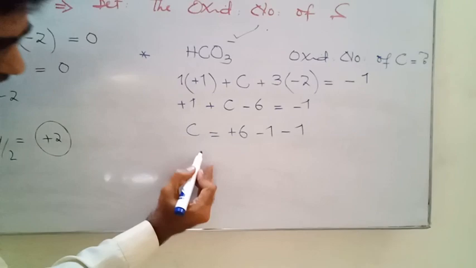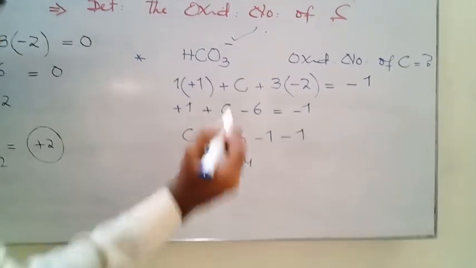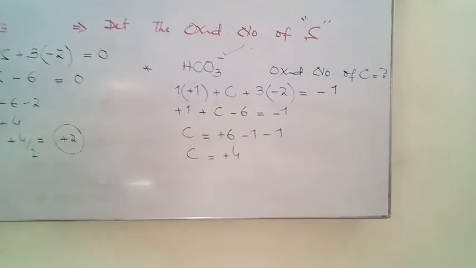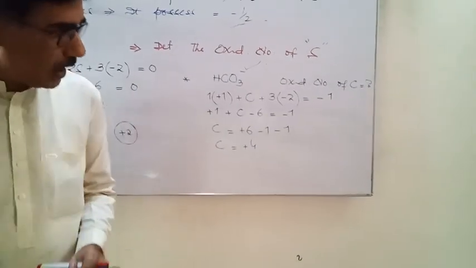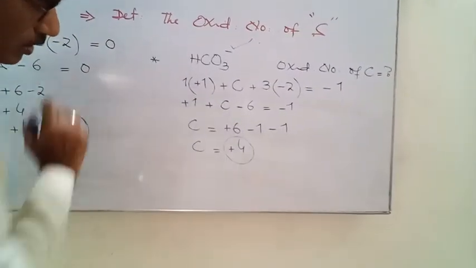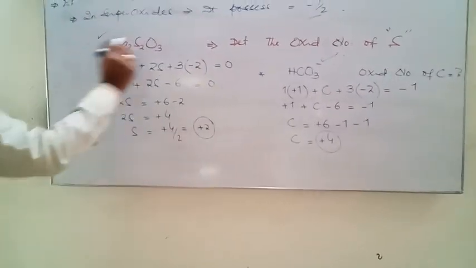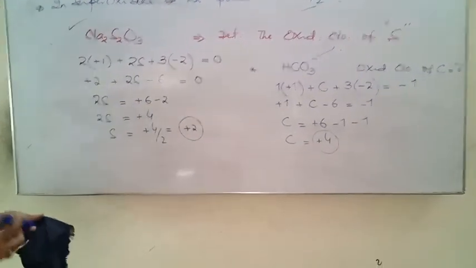So the oxidation state of carbon in the bicarbonate ion, or hydrogen carbonate ion, is +4. That was an example of an ion, whereas before it was a compound.